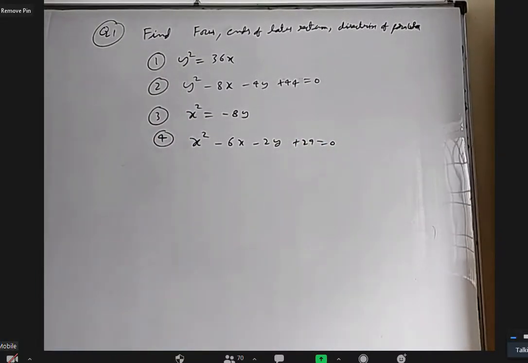Okay, so for these parabolas, I want the focus, ends of latus rectum, and directrix, just to become familiar with the formulas.